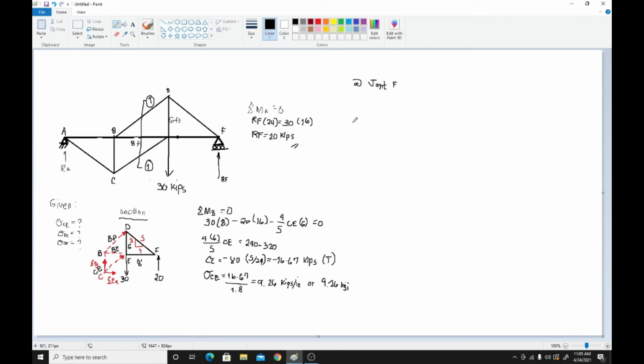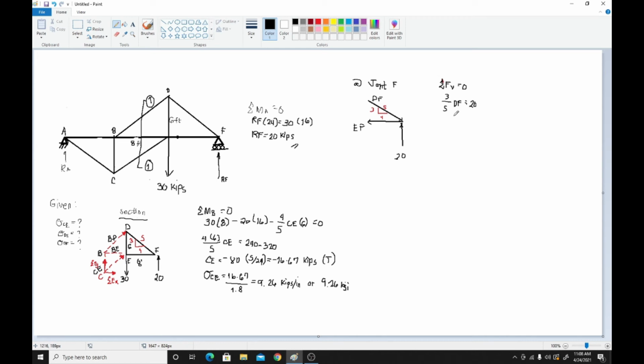Then to get the value of DF, we need to start first at joint F. So this is the free body diagram at joint F, assuming that the value of DF is compression and the value of EF is tension. And remember that the member DF has an angle of 3, 4, and 5. Therefore, the summation of forces vertical is equal to 0, wherein the summation of vertical forces is 3 over 5 DF equals 20.